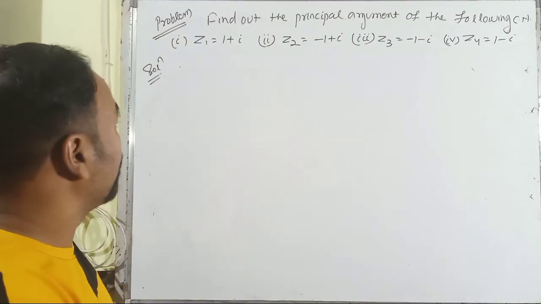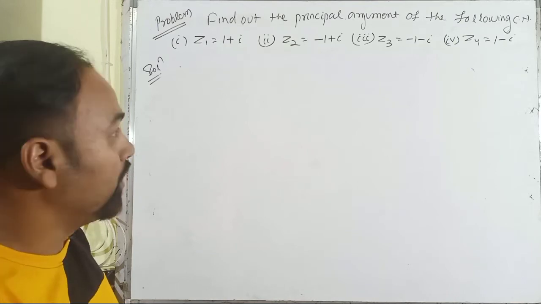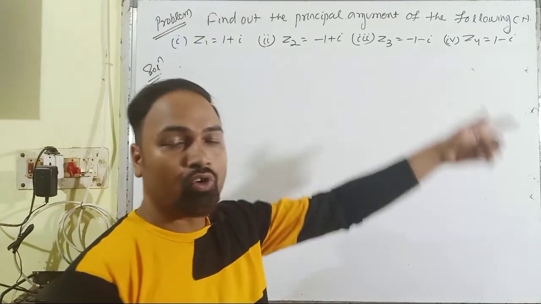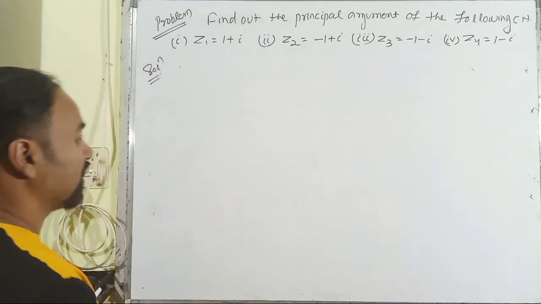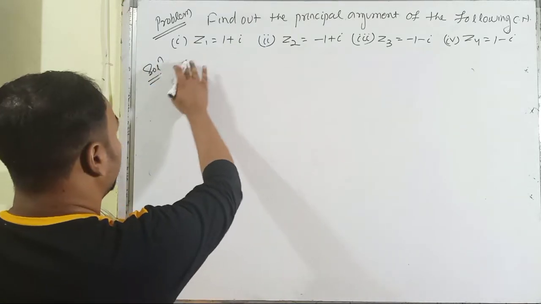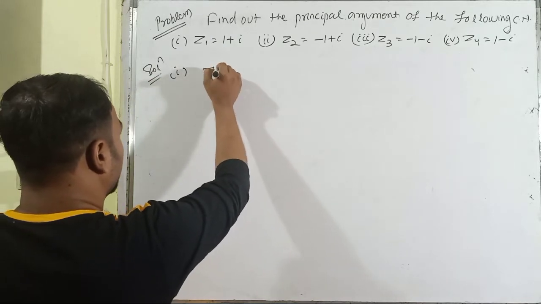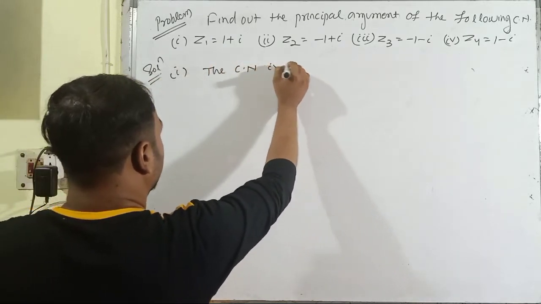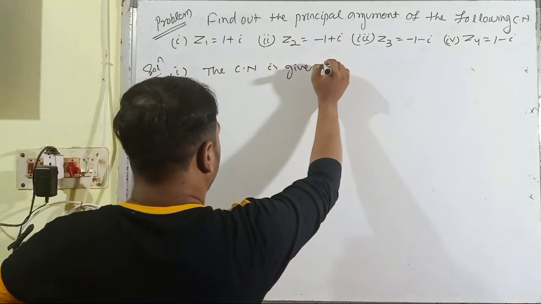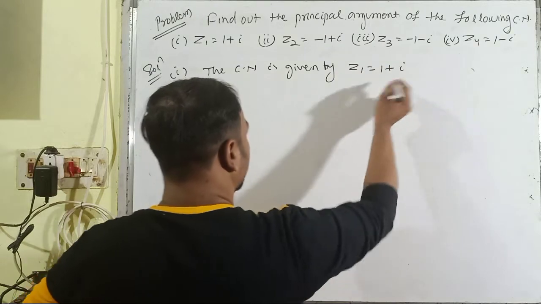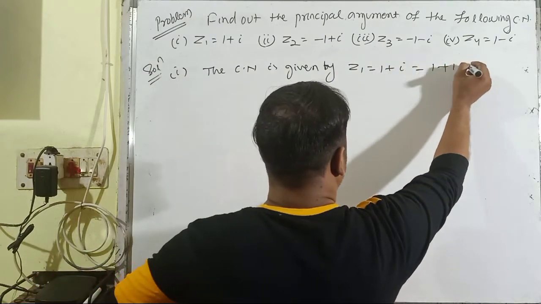So here is the most important problem based upon the principal argument of a complex number, and all four parts of the problem are based upon the four quadrants of the complex plane. So let us solve problem number 1. The complex number is given by z1 equal to 1 plus i, that is equal to 1 plus 1 into i.